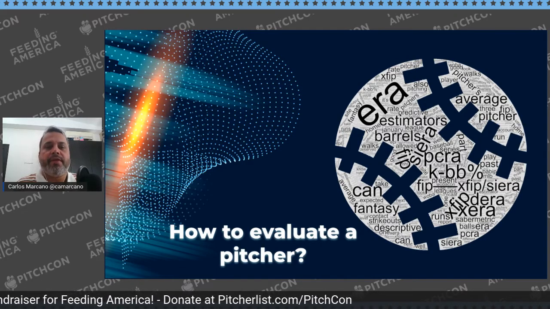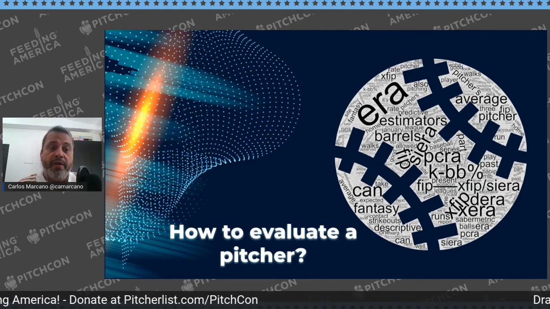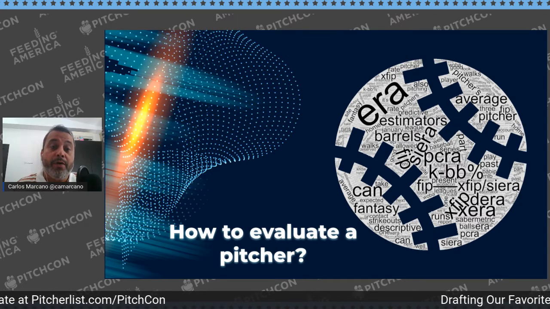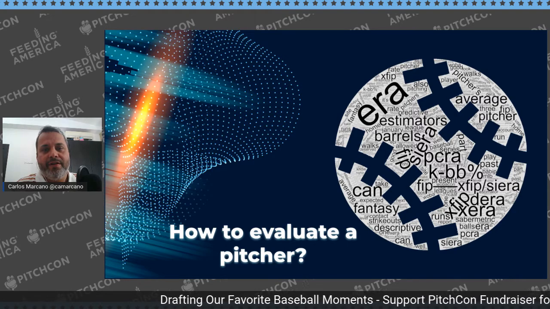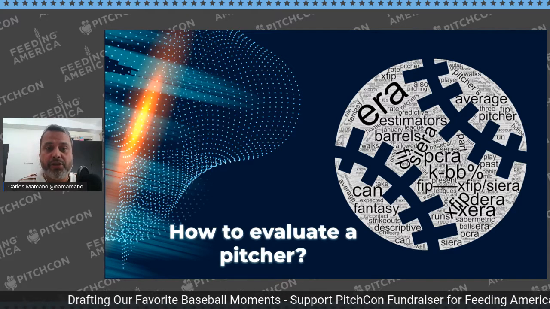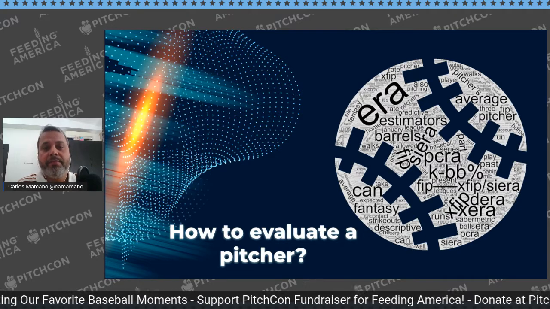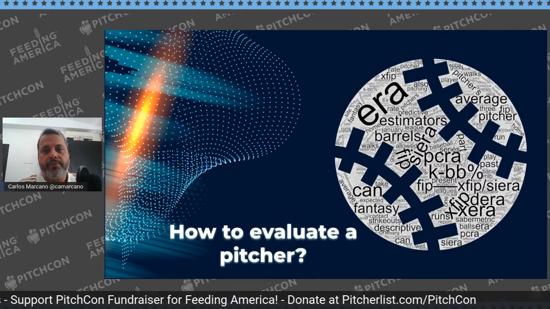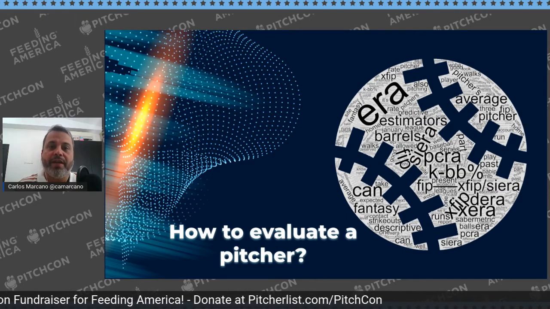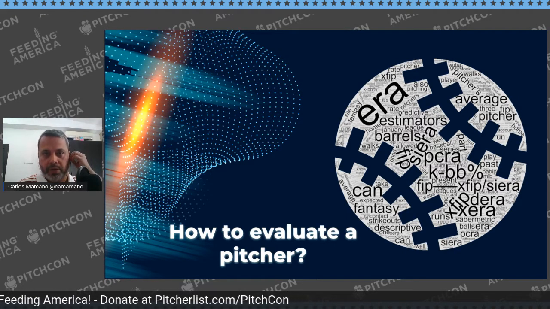We have tons of things, all the way until all the things that we can get in Savant and all the places that we have now, all the specialized places. So it can be a little bit tough to put into perspective what we can use to evaluate a pitcher.